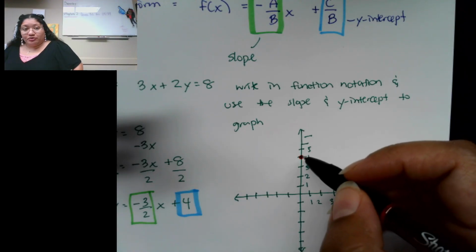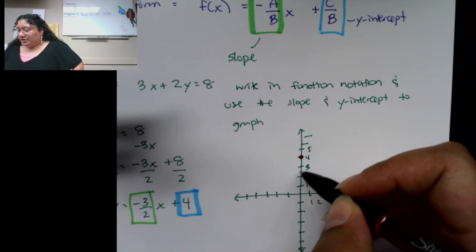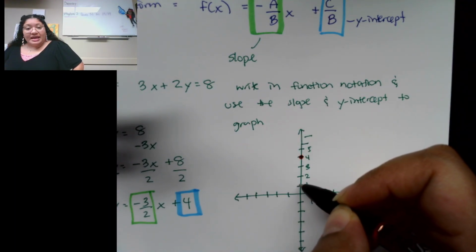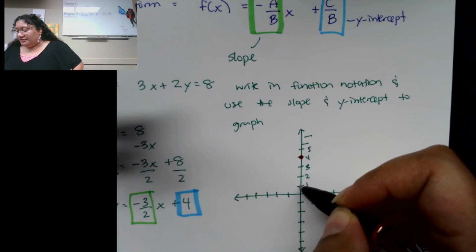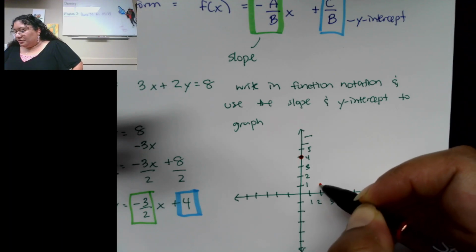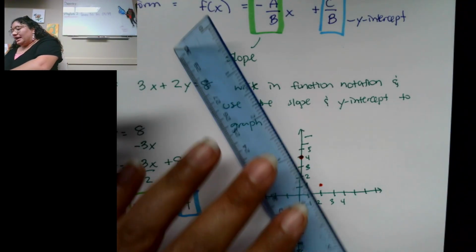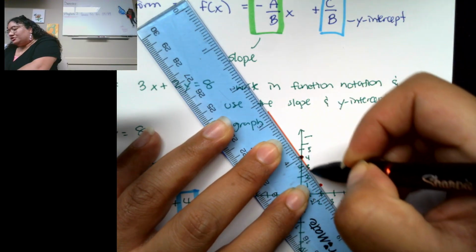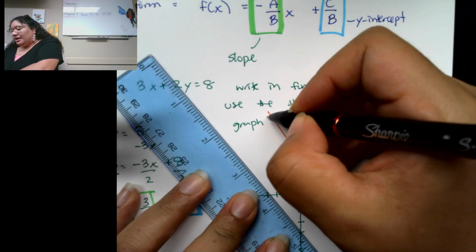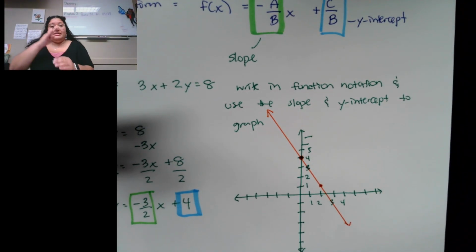That means I'm going to rise negative 3, so 1, 2, 3. And I'm going to run 2. I'm going to choose my 2 to be positive, so 1, 2. Now, I am confident that I worked my negative signs correctly because my slope is a negative slope.